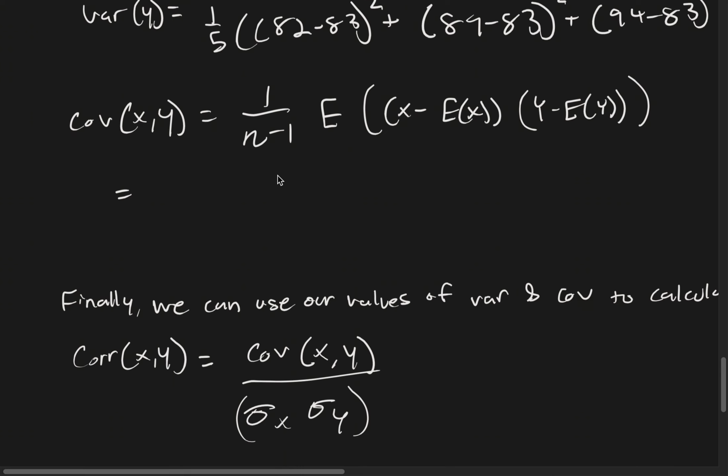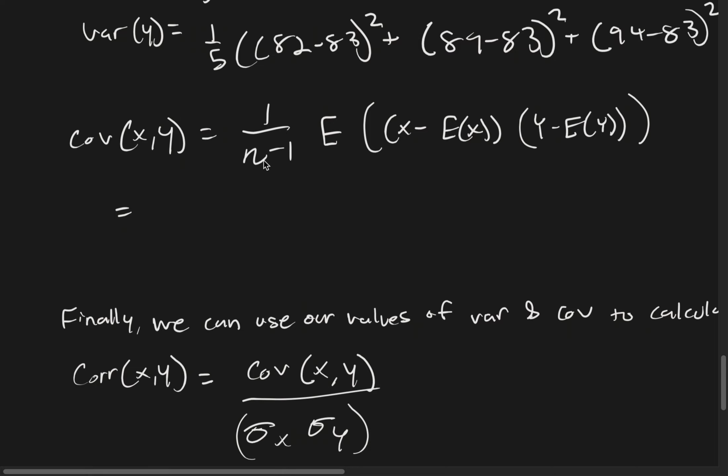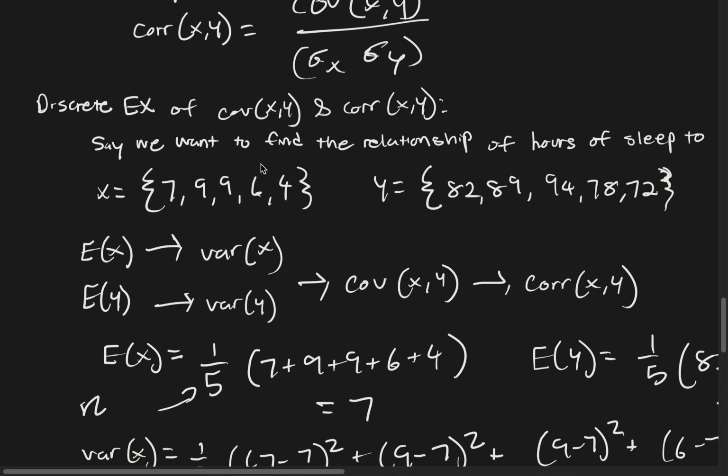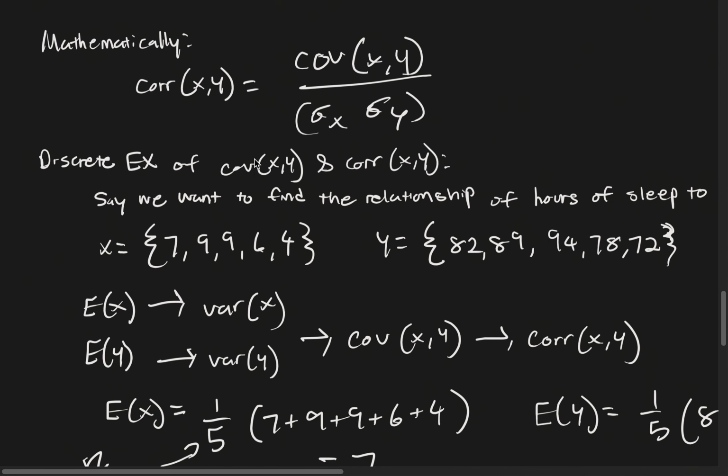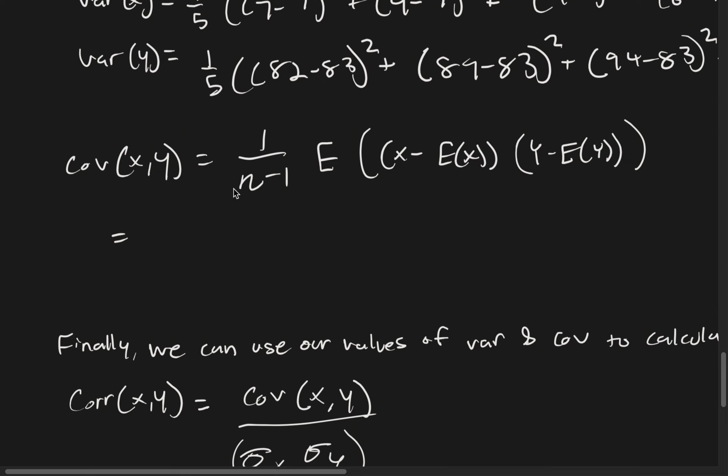Covariance. So the reason why we subtract 1 is, actually, did I say that up here? Yes, I did. Okay. So the reason why we subtract 1 is kind of related to the properties of the degrees of freedom.